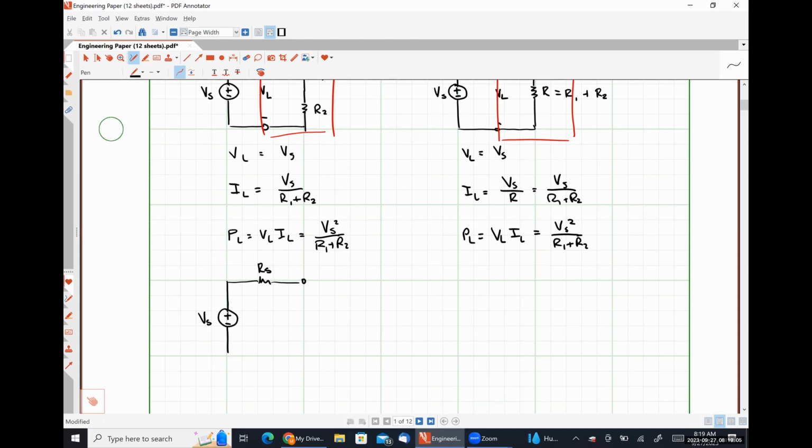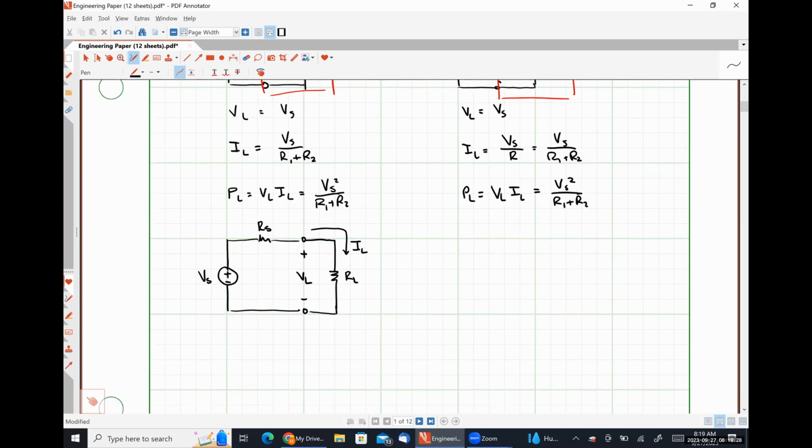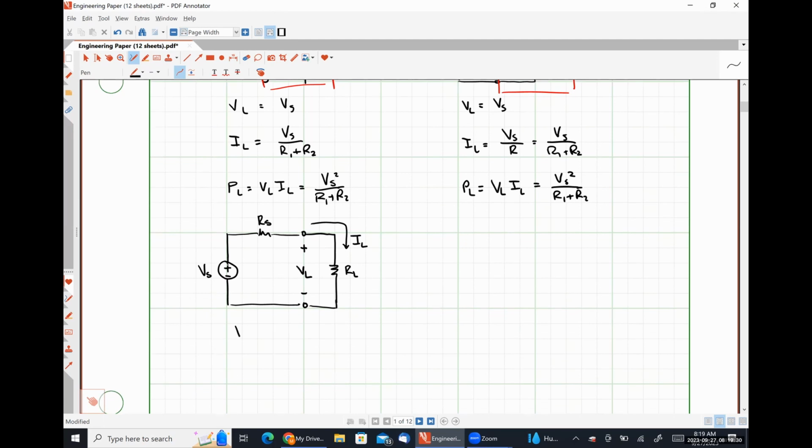And then over here, I'm going to connect some arbitrary load resistance R sub L, like so. I'm going to define the voltage drop over my load, positive polarity on top, and I'm going to define my current flowing into the load, like so. So what should my voltage VL be here? How can I figure that out?